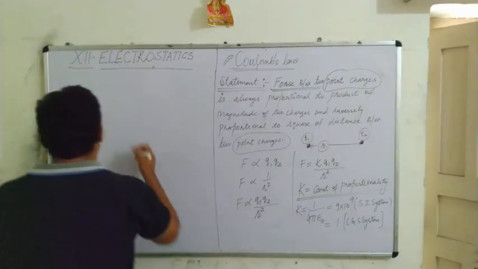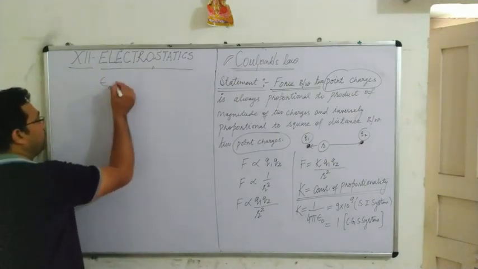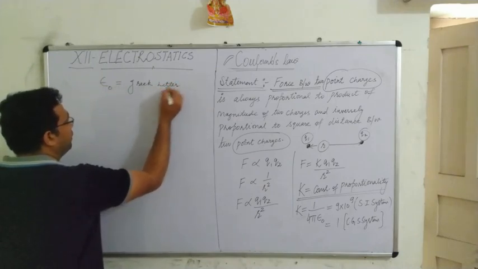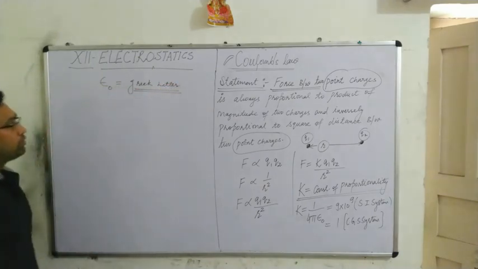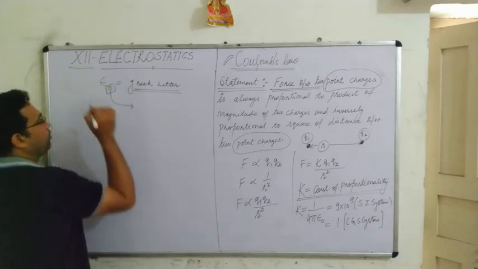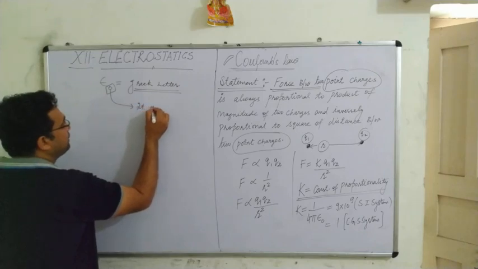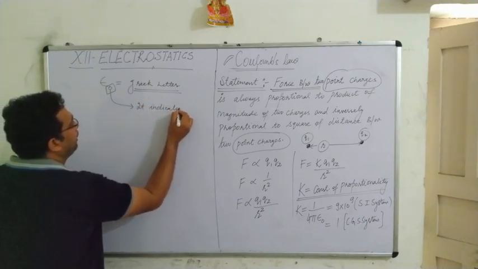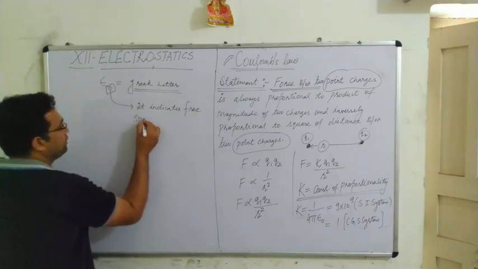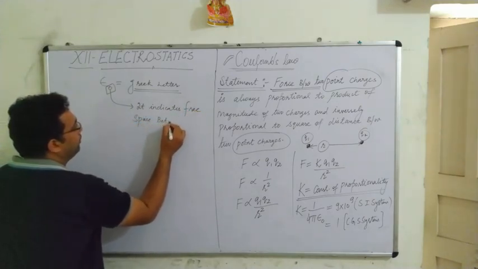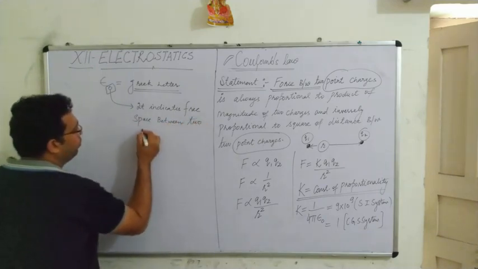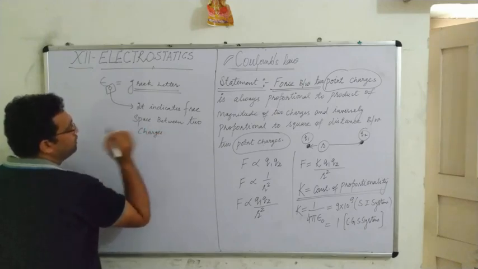Now what is the meaning of epsilon naught? So it is a Greek letter. So what is the meaning of naught? Epsilon naught. Meaning of 0. 0 indicates free space between two charges.